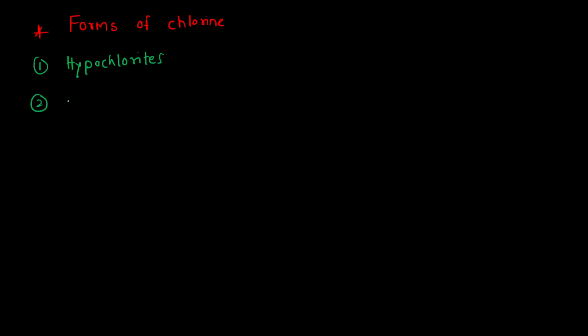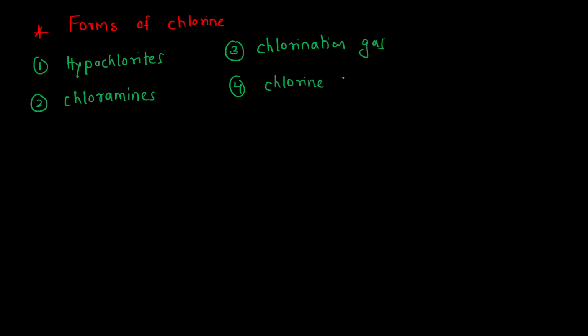Second one is called chloramines. The third one is chlorination gas. And the last one is chlorine dioxide. Okay, so chlorine is available in these 4 forms, and we have to study each of these forms.